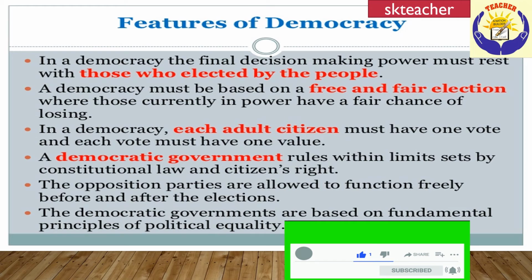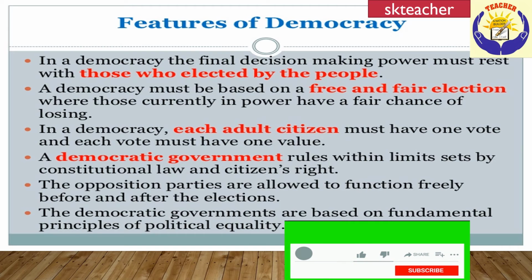Second one, a democracy must be based on a free and fair election where those currently in power have a fair chance of losing. This second point, we are going to match with the nations China and Mexico. China, they have only one single political party. With that party alone, they are conducting election.